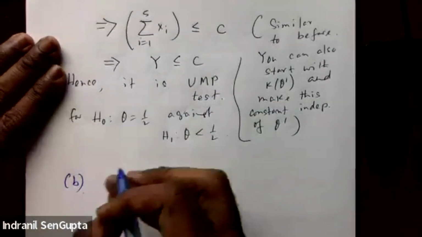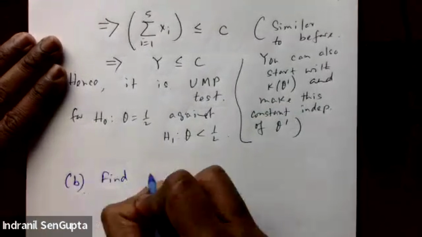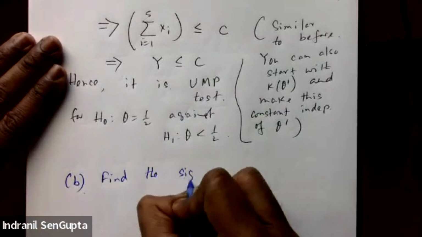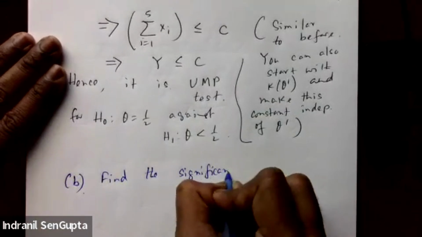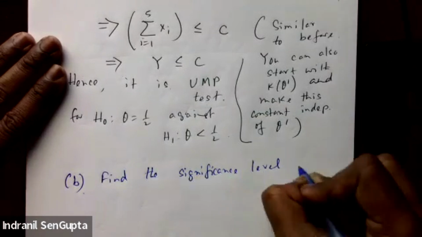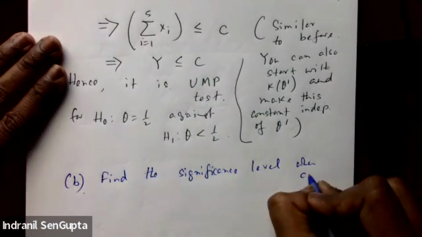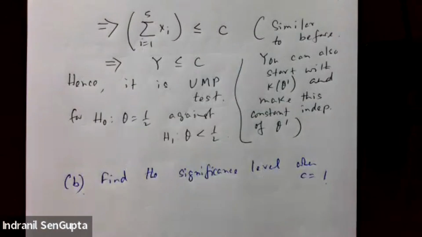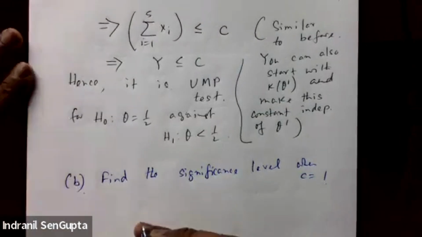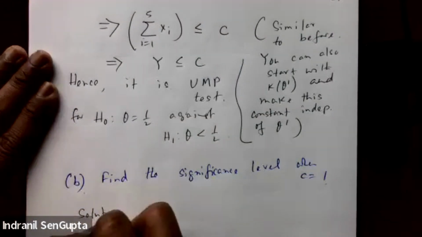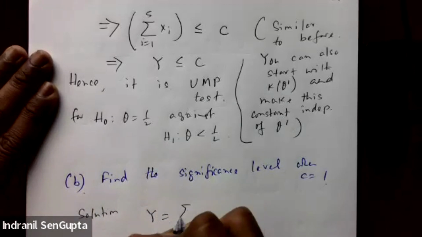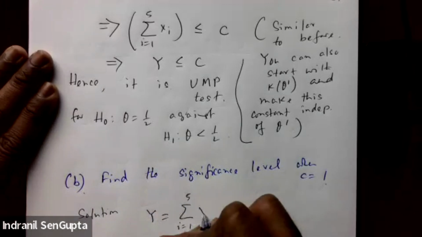Now part B: find the significance level when c equals 1. Solution: now let's look at y. Y is the sum of xi from i equals 1 to 5.